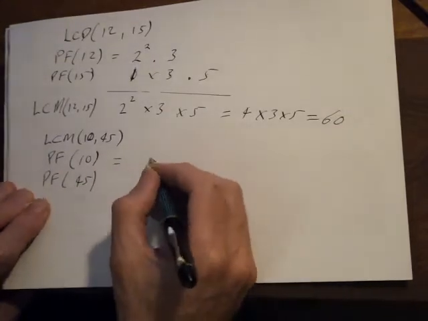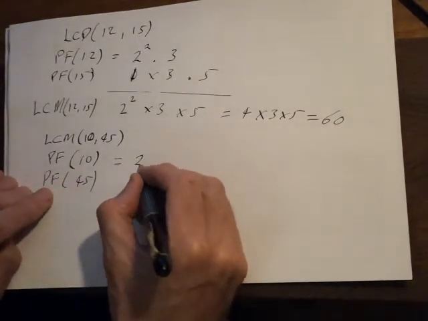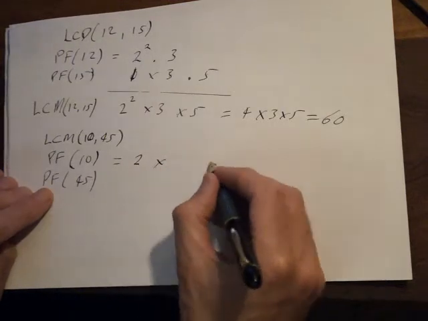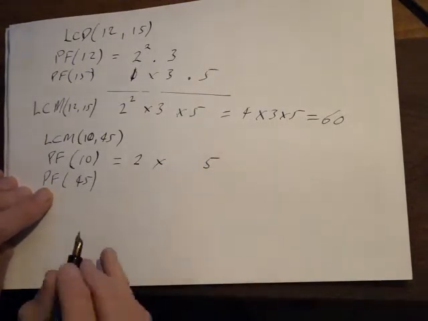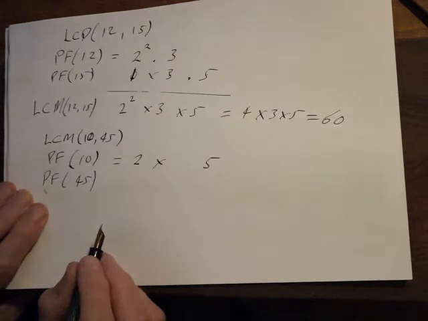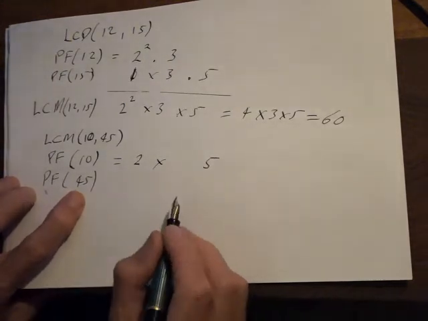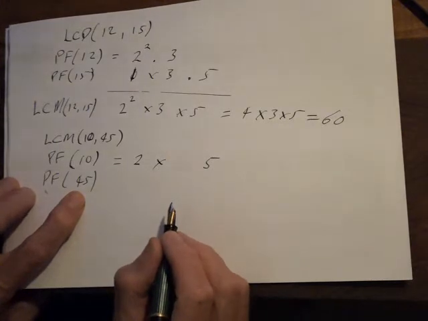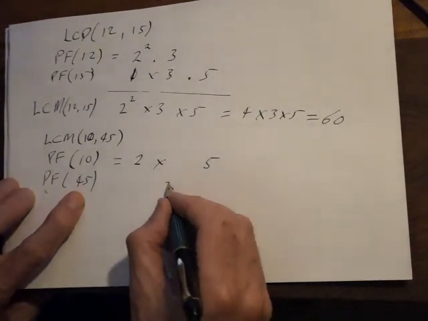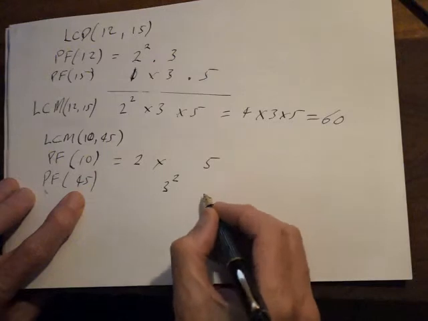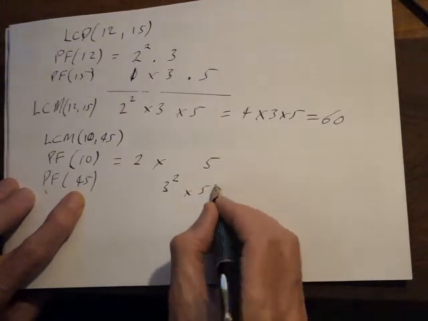Well, the prime factors of 10 is 2 times 5. I'm going to leave a gap. You'll see why in a minute. And the prime factors of 45, well, it isn't divisible by 2, but it's divisible by 9, and 9 is 3 times 3, so it's 3 squared times 5.